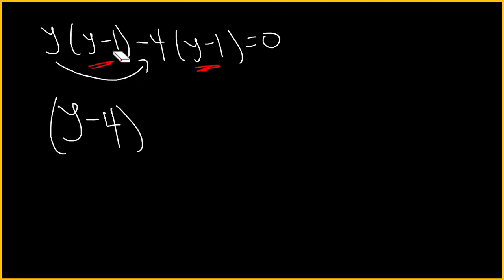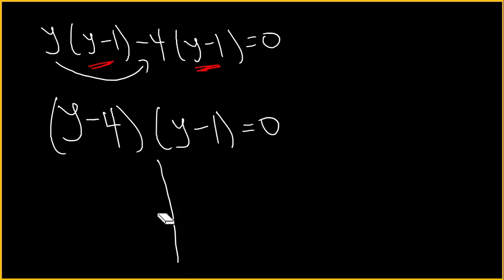And since y minus 1 repeats itself, one is chosen. y minus 1 equals 0. So we have our factors and we are moving on to finding our zeros.